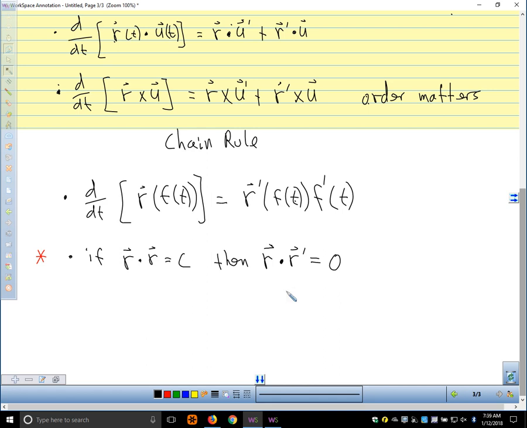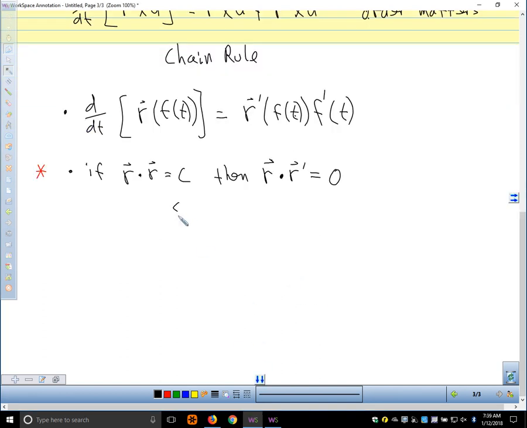So what does this tell us about r and r prime? They're orthogonal. So if the dot product of a vector valued function with itself is a constant, then r and r prime are orthogonal.